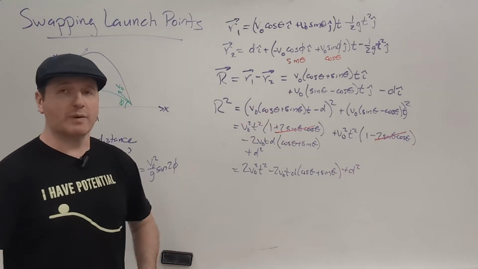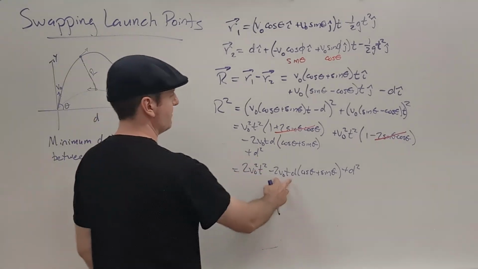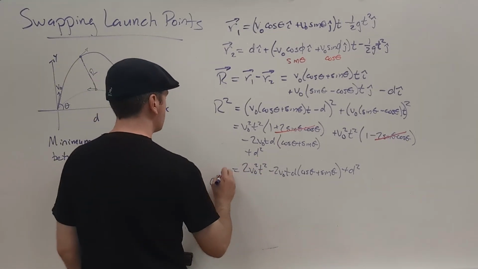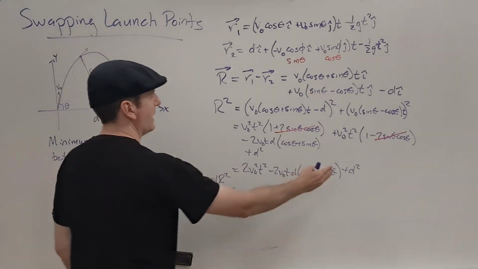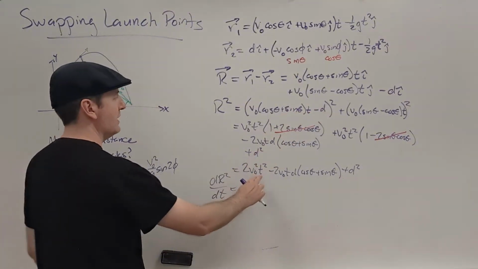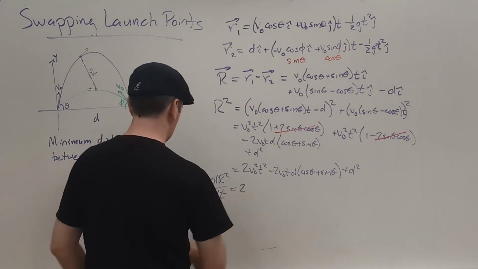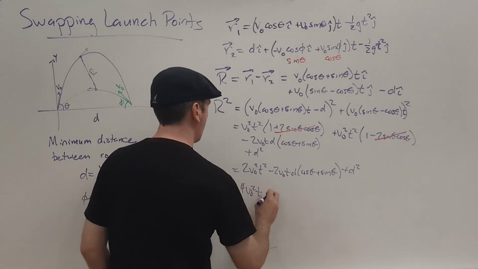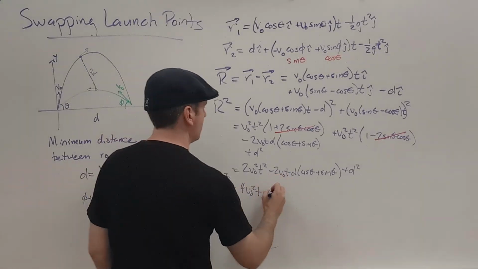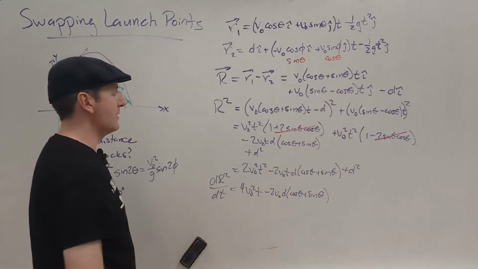Okay, now for the calculus bit, we want to minimize this distance squared. Notice this is a function of time, so I want to find dr squared dt. The last term goes away, that's a constant. And then I'm just going to pull down a 2 here and get rid of the t there. So this will become a 4. The second term, and the last term is 0.